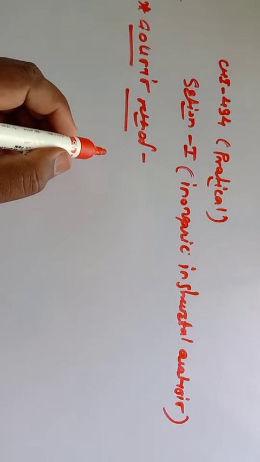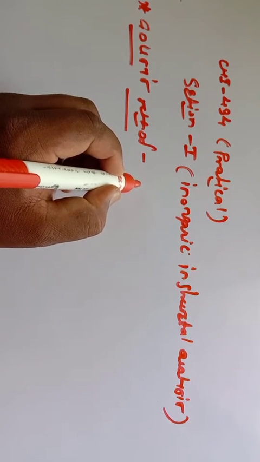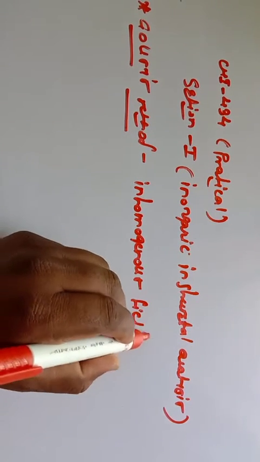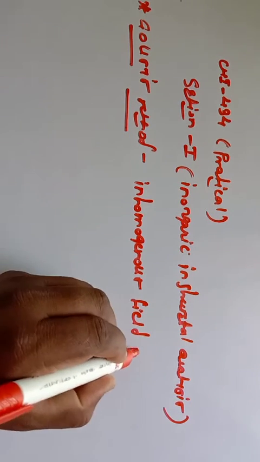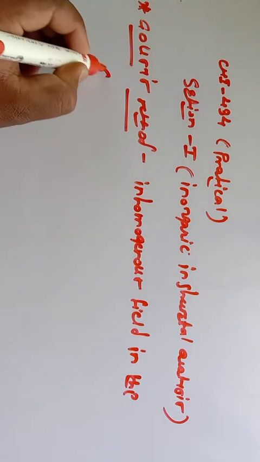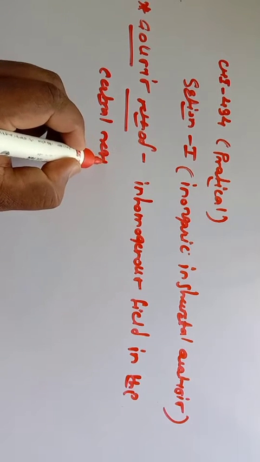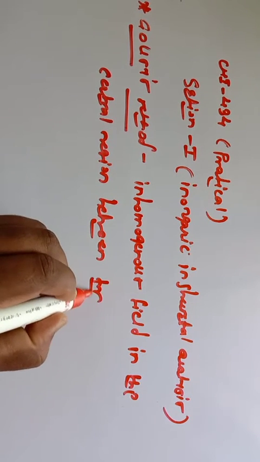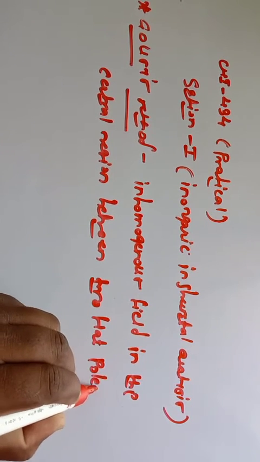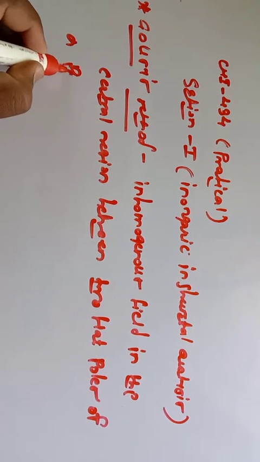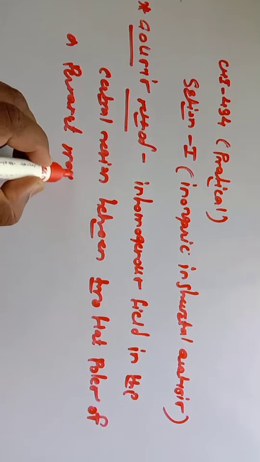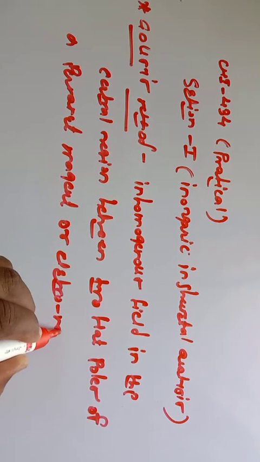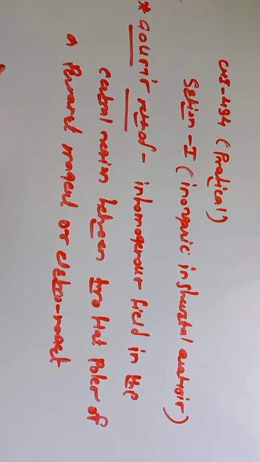In this method, an inhomogeneous magnetic field is applied in the central region between two flat poles of a permanent magnet or electromagnet. So an inhomogeneous field is applied in this Gouy method.